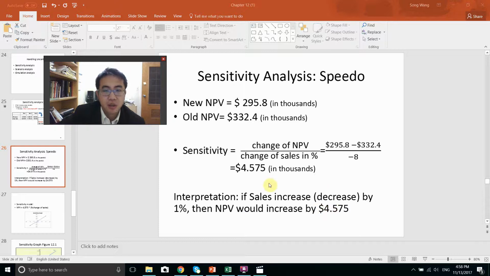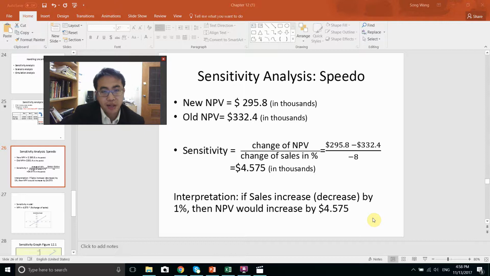So the uniform way to explain sensitivity, to explain elasticity, or any definition of such a kind, is to assign 1 unit of change for the variable and see what the other variable would change. So if sales increase by 1%, the NPV would change by exactly the amount of the sensitivity. We have done this in chapter 8 when we were dealing with beta for stocks.